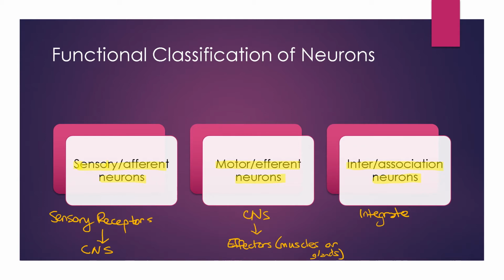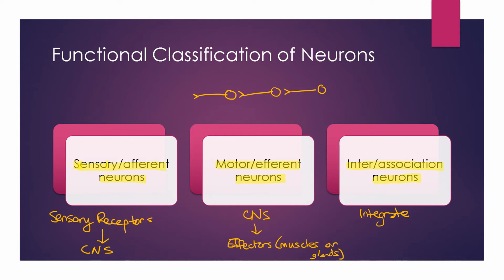So interneurons are kind of the processing and decision neurons in very, very simple, like 3 neuron systems. So we have like a sensory neuron connected to an interneuron connected to a motor neuron. So this is just a very, very simple 3 neuron system.